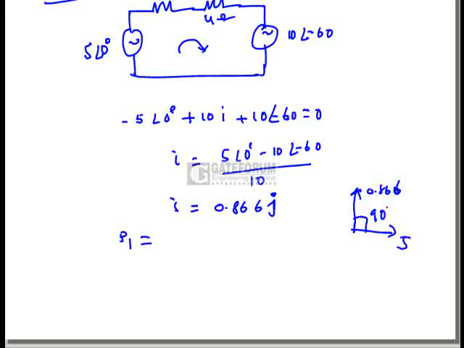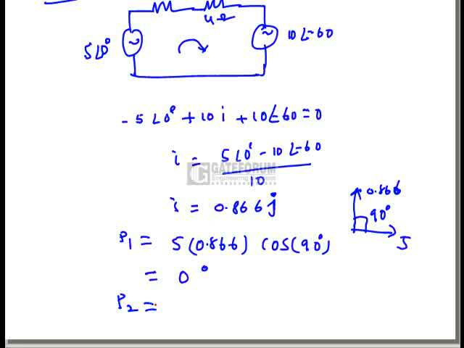The angle between the voltage and current is 90 degrees, because the current leads the voltage by 90 degrees, so phi is 90 degrees. If you solve this, the power is equal to 0 because cos 90 equals 0. That's why the power delivered by source 1 is 0.